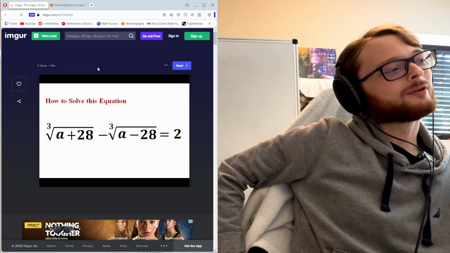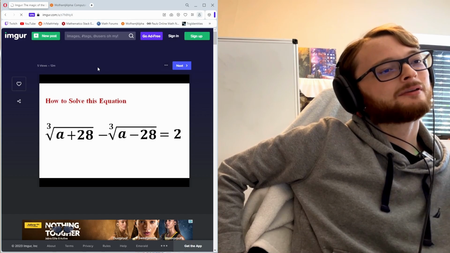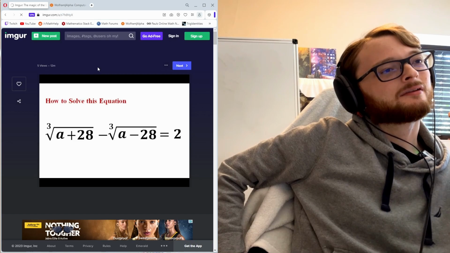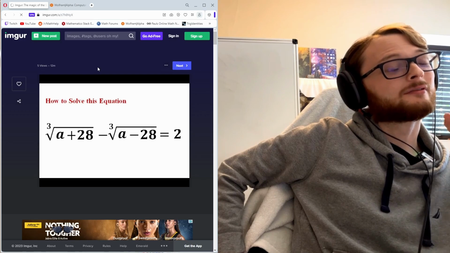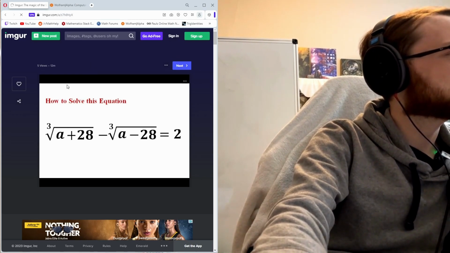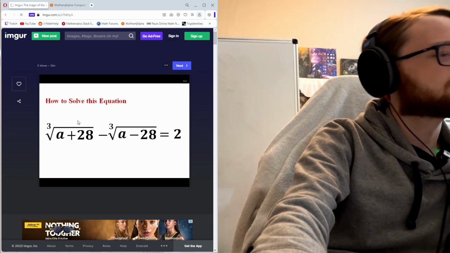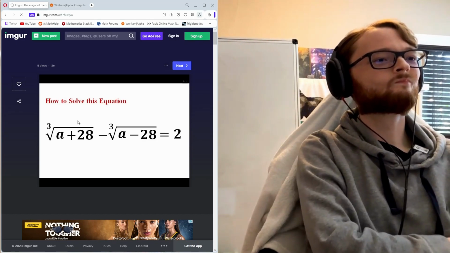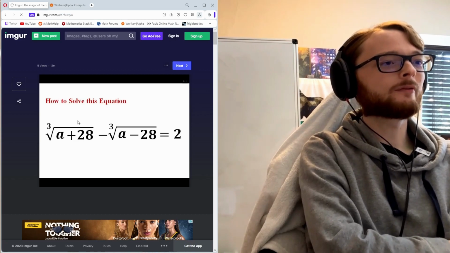This is an interesting one. So 28, it's not a perfect cube. I wonder if you rationalize it twice. Or can you solve this intuitively?